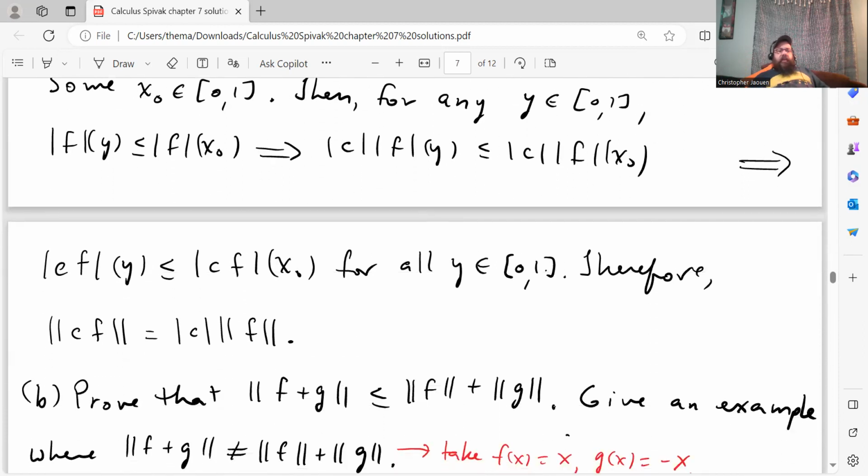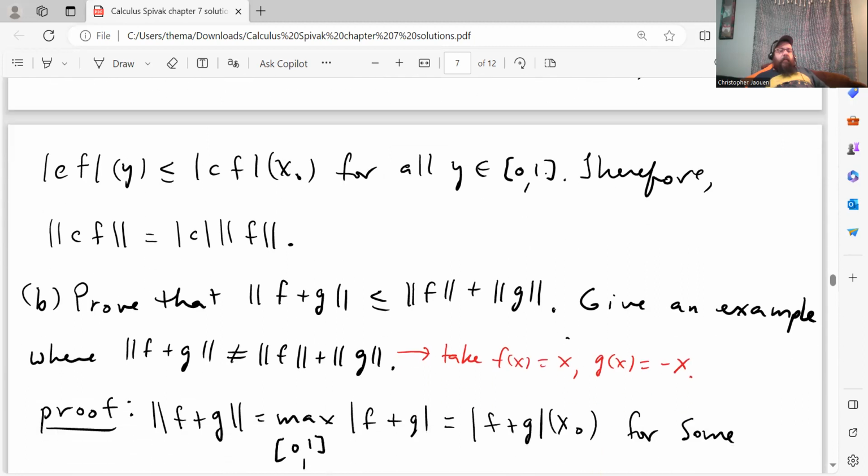And then just using the definition of the function algebra, that gives us what we want. So the absolute value c times absolute value f of y, that's the same thing as absolute value cf of y, less than or equal to absolute value cf of x0 for all y in the closed interval from 0 to 1. Therefore, the norm of cf is equal to the absolute value c times the norm of f.